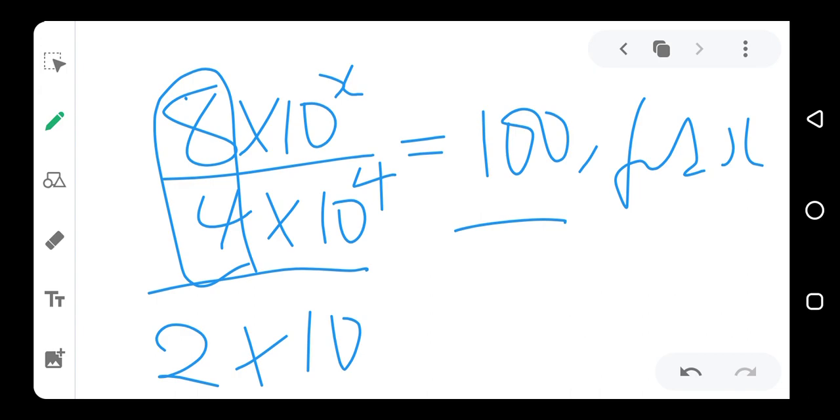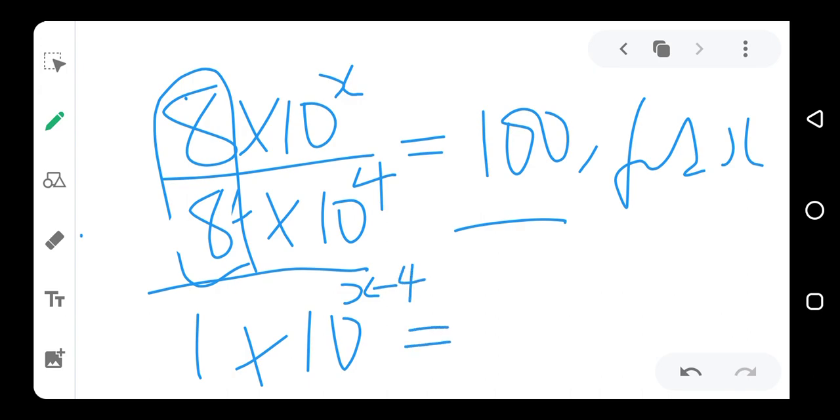Let me say that we have 8 here. Okay, 8 over 8 is 1. Now 10 raised to power x minus 4 is equal to 100, which is 10 raised to power 2.